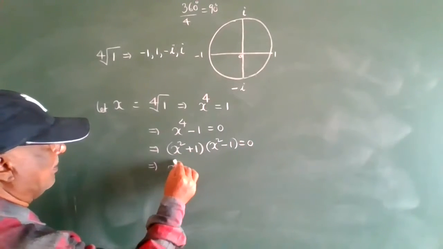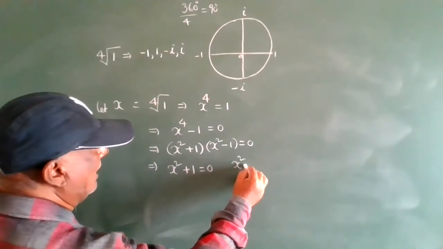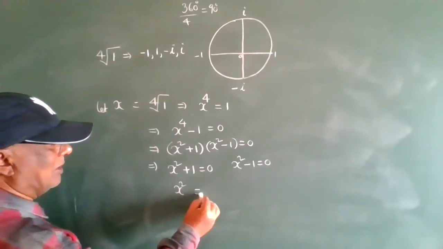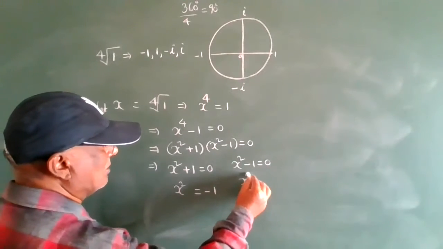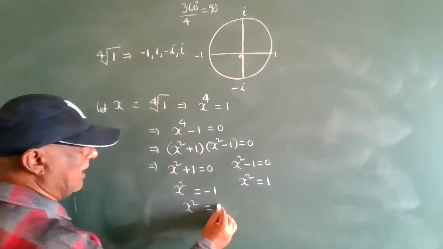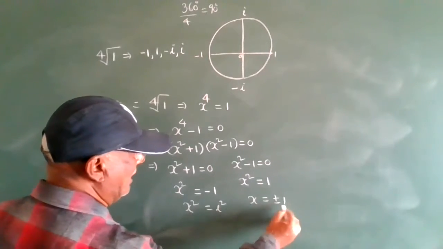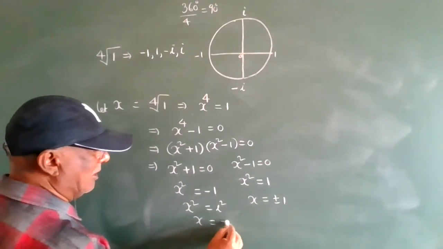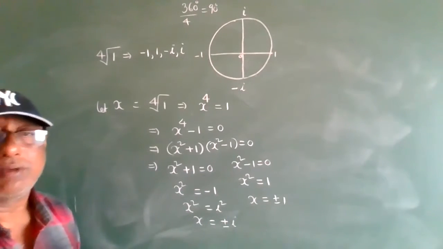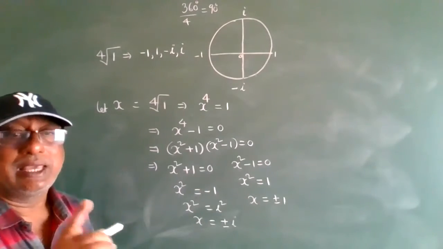Therefore, x square plus 1 is equal to 0, and x square minus 1 is equal to 0. x square is equal to minus 1, and x square is equal to plus 1. x square equal to minus 1 means i square, so x is plus or minus i. Here x is equal to plus or minus 1. Therefore, the four roots of the fourth root of unity are minus 1, plus 1, minus i, plus i.